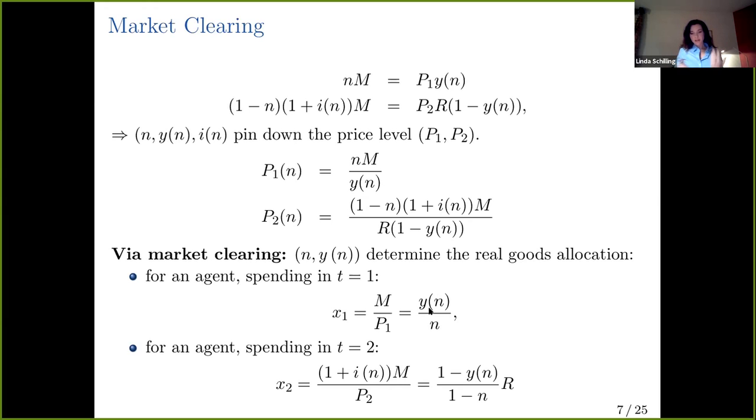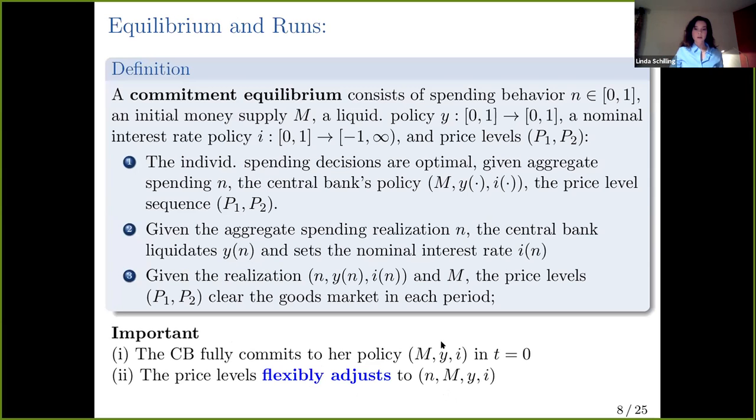This means the central bank's liquidation policy is really a strategic tool in order to twist the real allocation at time 1 versus time 2, and therefore impacting the incentives of agents to spend or not. And this incentive of agents to spend or not is going to be reflected in aggregate spending behavior here and here.